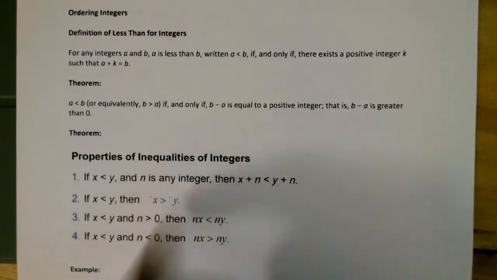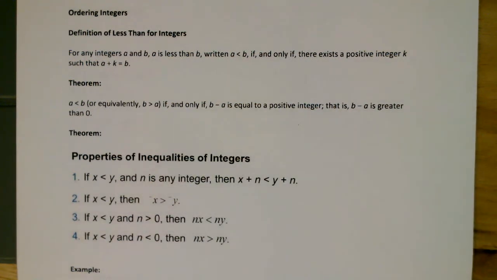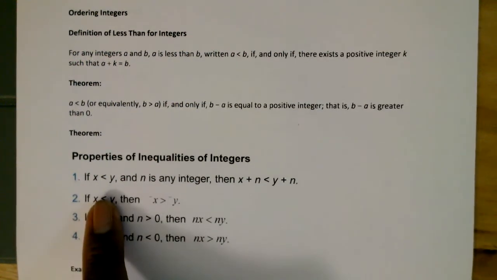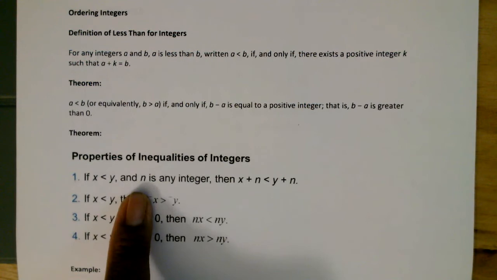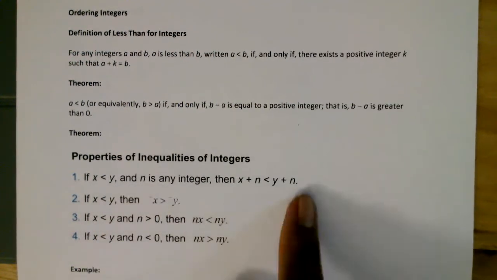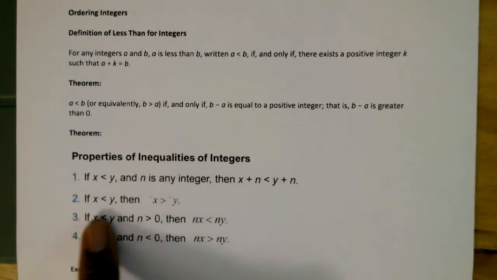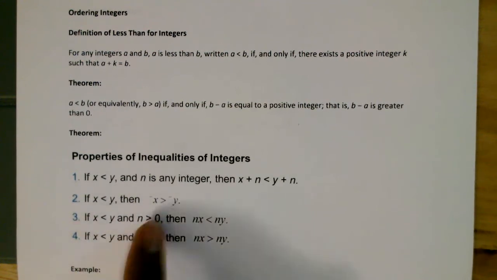And here's another theorem with some properties of inequalities of integers. If X is less than Y, and N is any integer, I can add N to both sides of the inequality and it will be true. If X is less than Y, then what will happen is this: I take the opposite of X and the opposite of Y. But when I do that, this inequality symbol changes from less than to greater than.